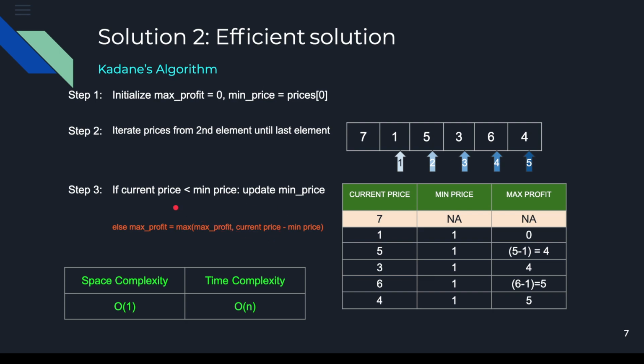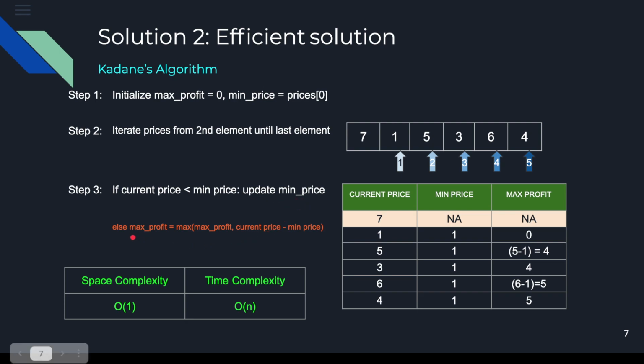If the current price in the iteration is below the minimum price, the minimum price gets updated, not the maximum profit, because we cannot update the maximum profit on the same date.